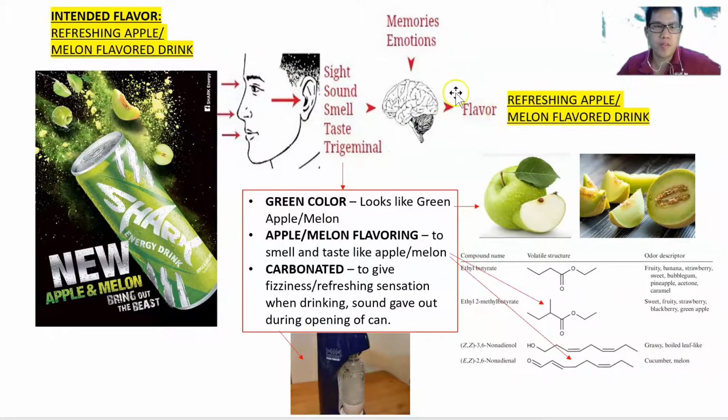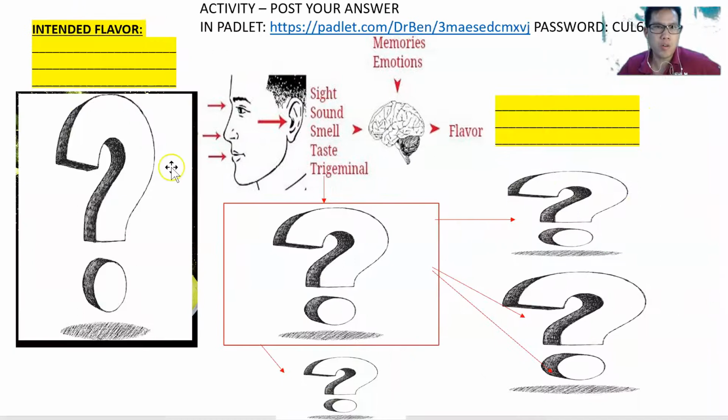So what I need you to do now is think about it. Every one of you, I want you to search for a product online. It can be a drink, a beverage, or a type of food. Just make it simple, because I just want you to understand the different components that contribute to a perceived flavor.